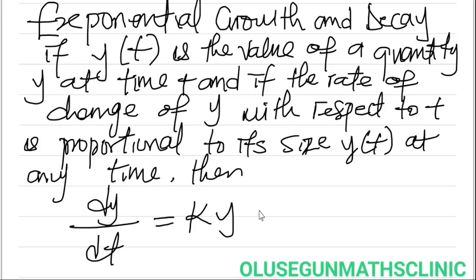But this y is what we have been talking about, y of t. It means the value of the quantity at a particular time. The value might change at a certain time; with an increase of time, there is a tendency for the value to increase or reduce. It depends on the time. So everything is at its own time.